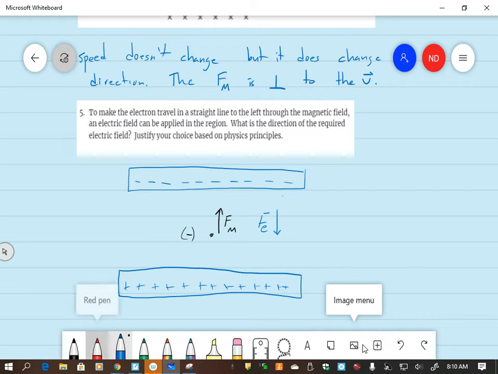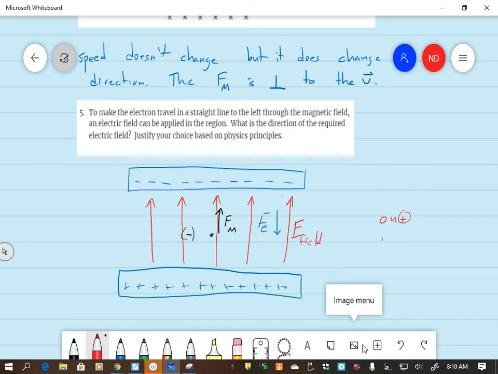Which way is the electric field going to be? Electric fields are always drawn from positive to negative. So the electric field is this way. The E field always goes out from positive and into negative. And if we put a negative bit there, that would push it down.